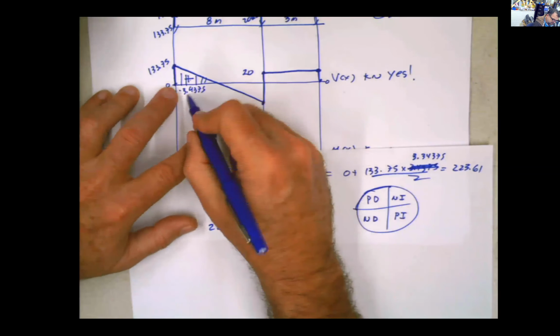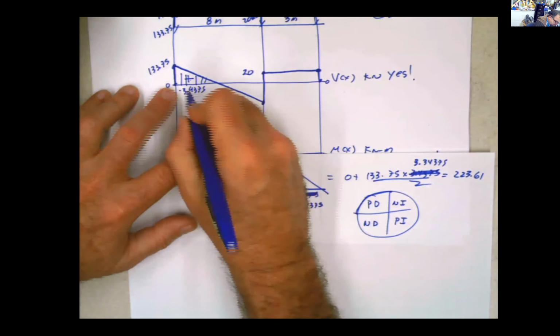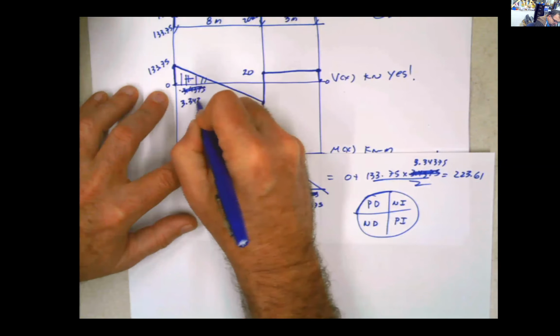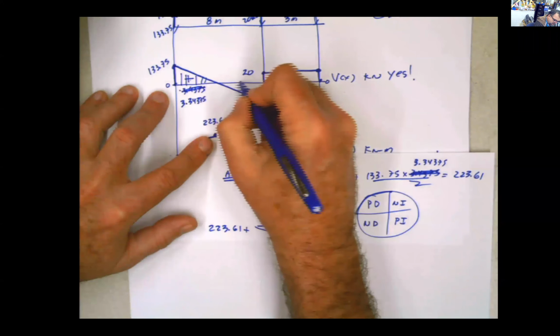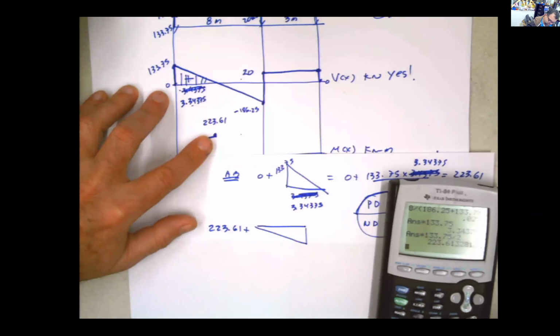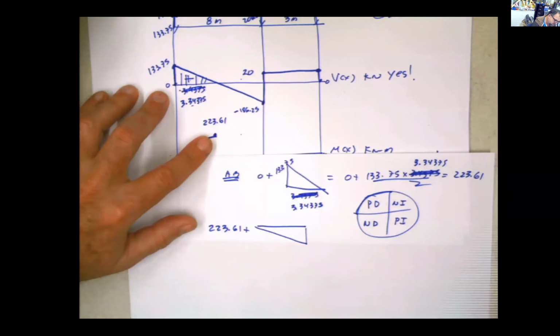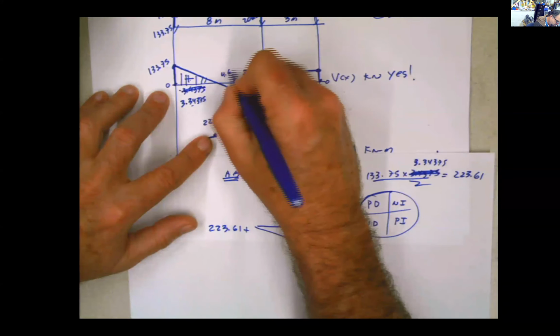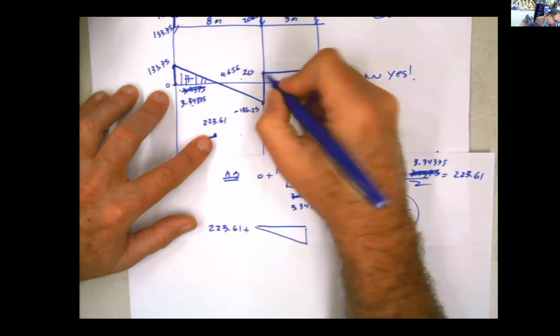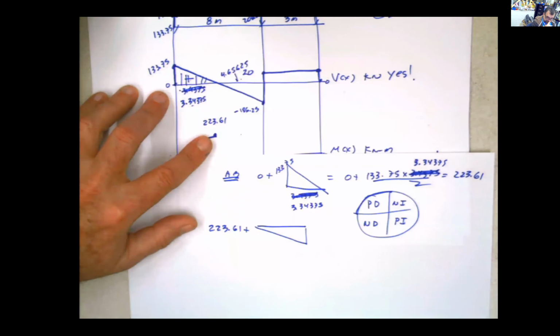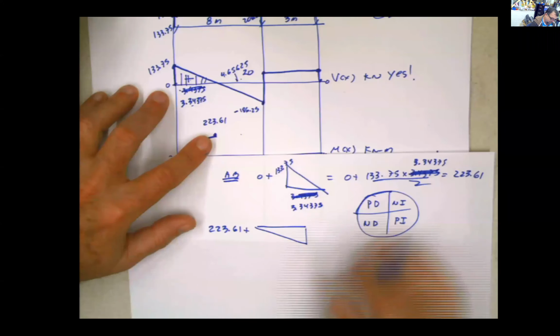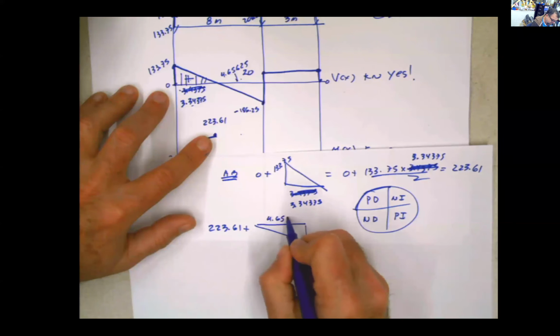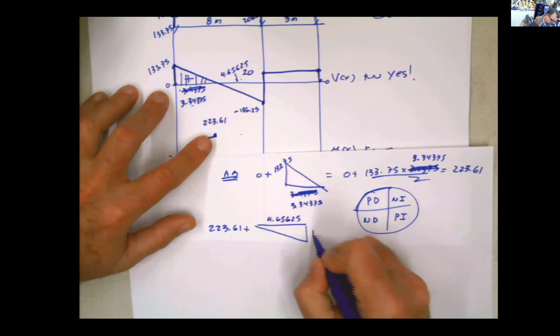And this area is, if this is 3.34375, then this is going to be 8 minus that. It's going to be 4.65625. That's the distance there. 4.65625, and this height is 186.25, and the whole thing is negative.